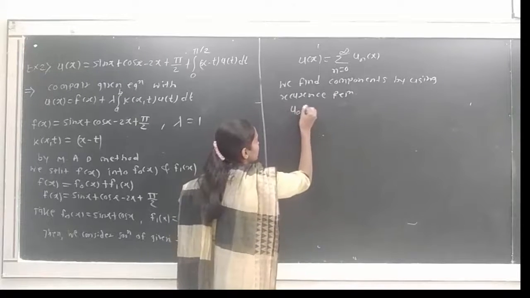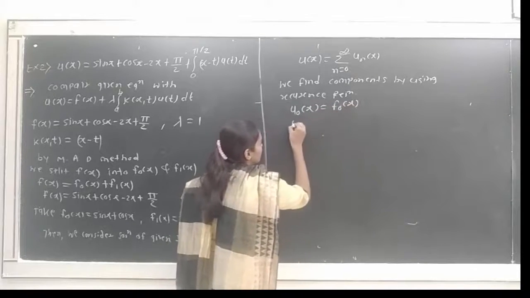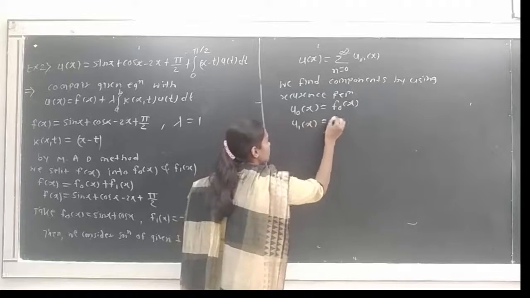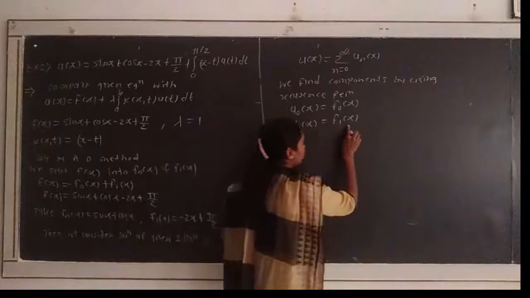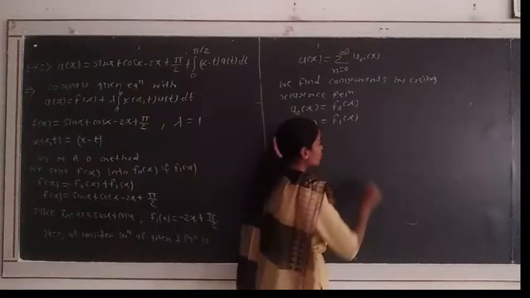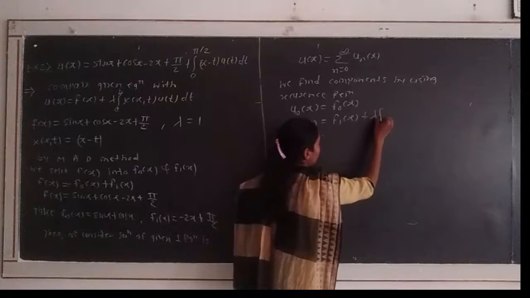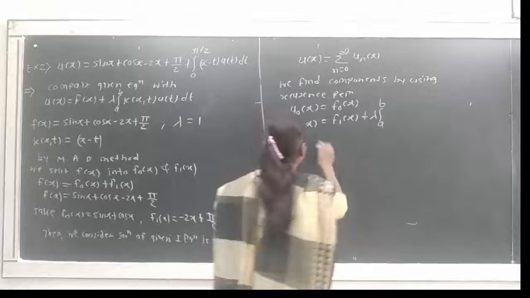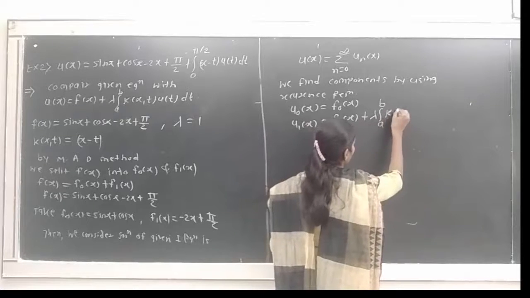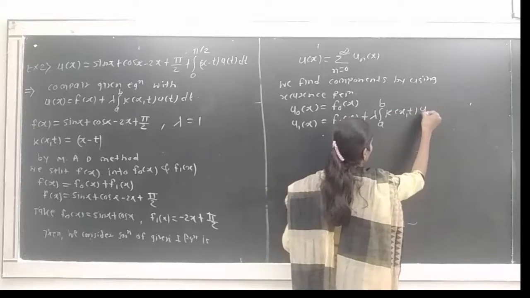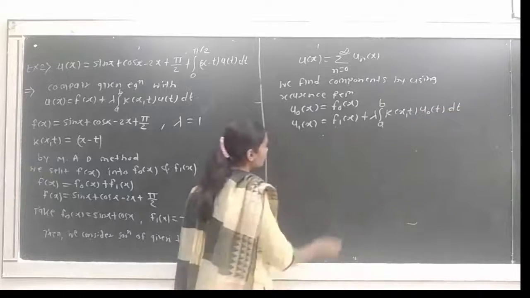First we consider u0 of x is equal to f0 of x, then u1 of x is equal to f1 of x plus lambda integration from a to b k of xt into u0 of t dt.